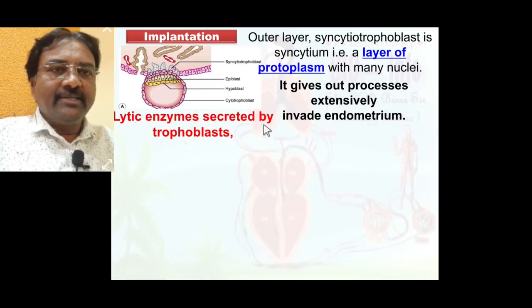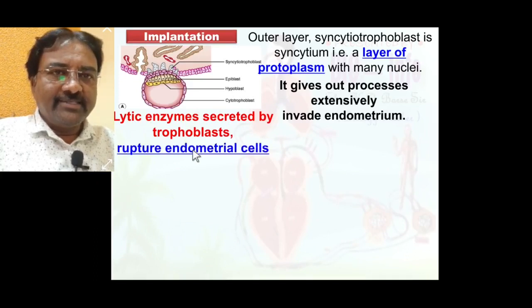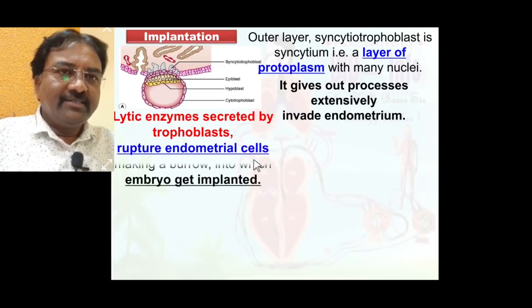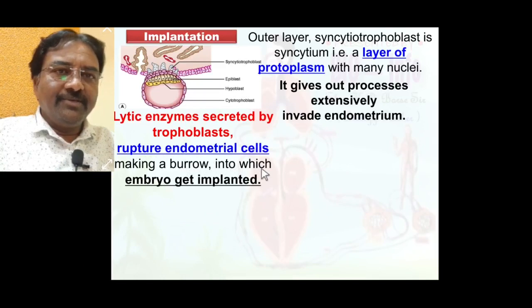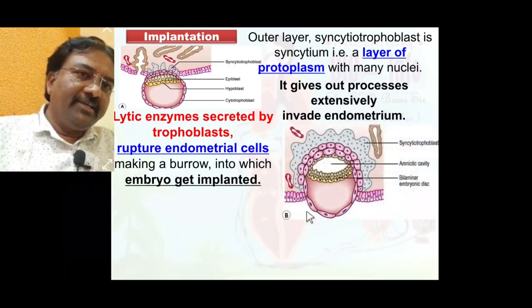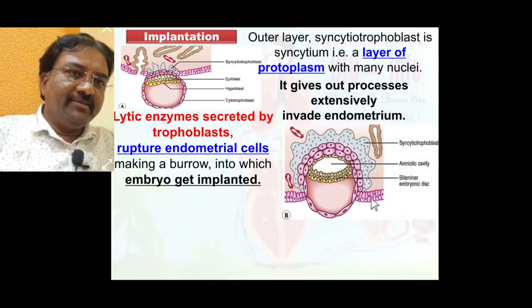Lytic enzyme is secreted by the trophoblast cells. Due to this lytic enzyme, the endometrial cells rupture, making a burrow into which the embryo gets implanted. Seen here, this is the endometrium layer.